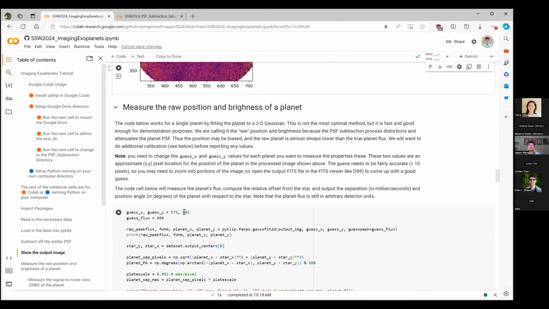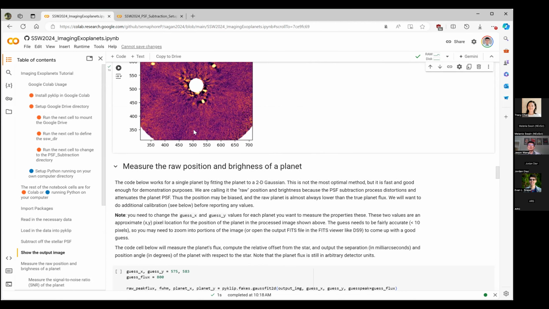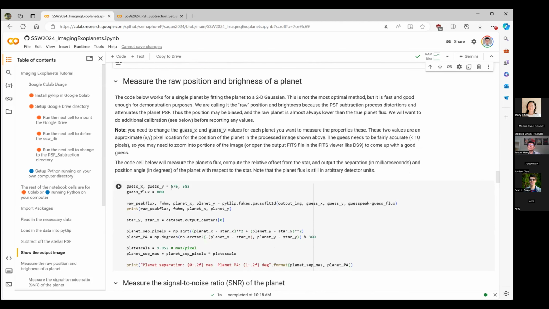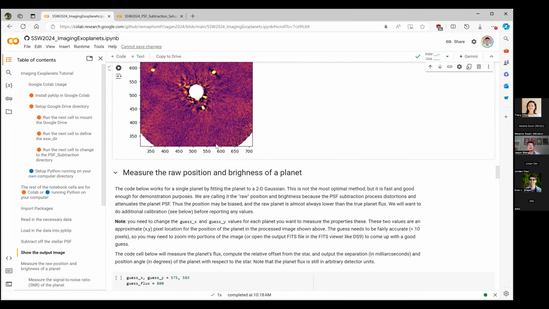We basically need to start with an initial guess for where the planet is in the data in order to accurately measure its position. Here we've already specified an initial guess for the X and Y position and the flux for planet C. The planet is roughly at 575 pixels in X, roughly 583 pixels in Y, and it has a rough flux of about 800 counts.